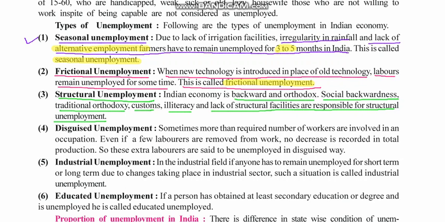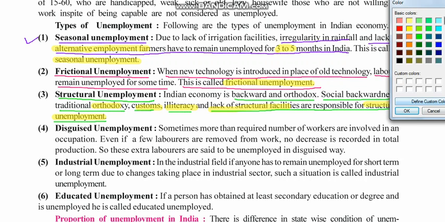That's why he will remain unemployed, and that is termed structural unemployment. Due to caste, orthodoxy, illiteracy, and lack of structural facilities, the unemployment which is created is termed structural unemployment.